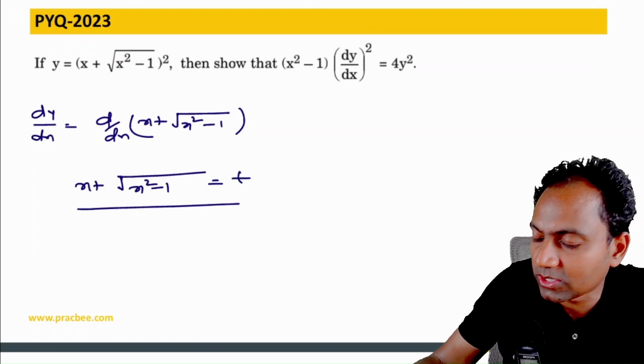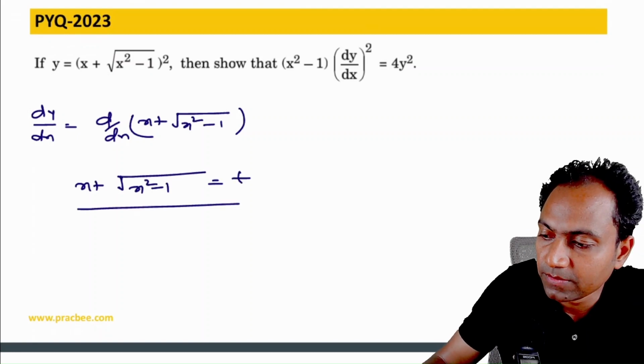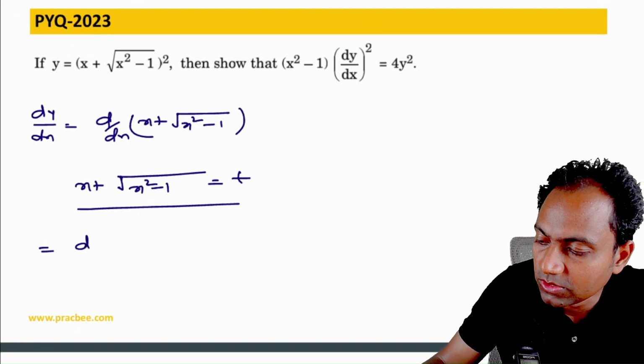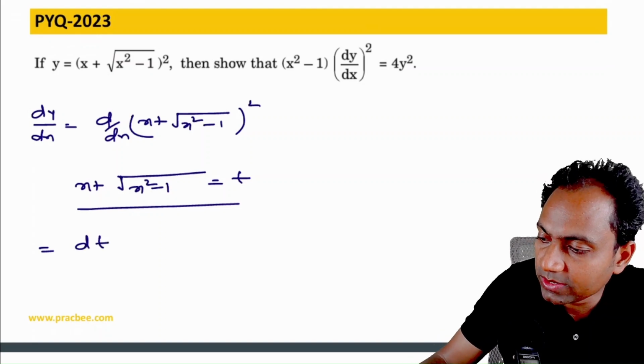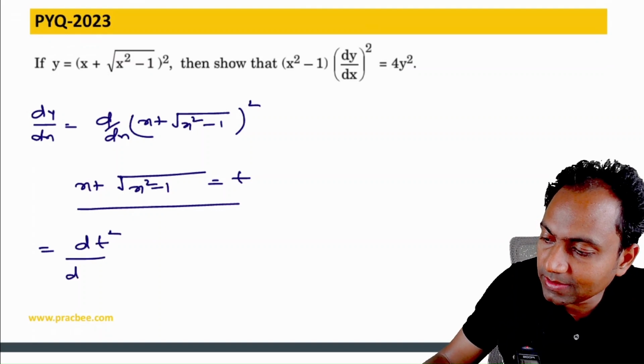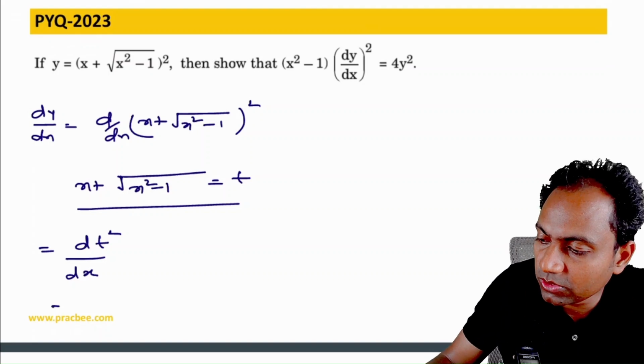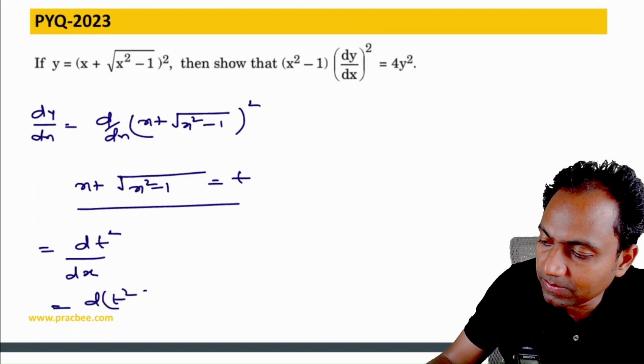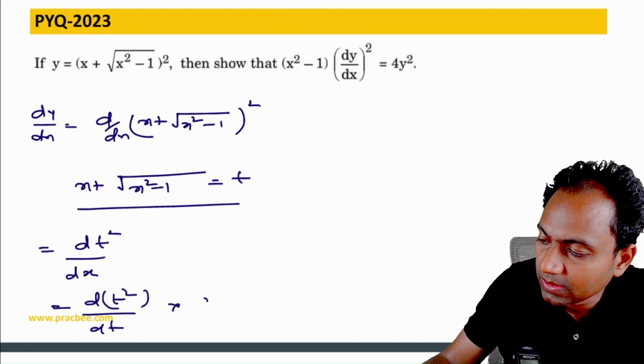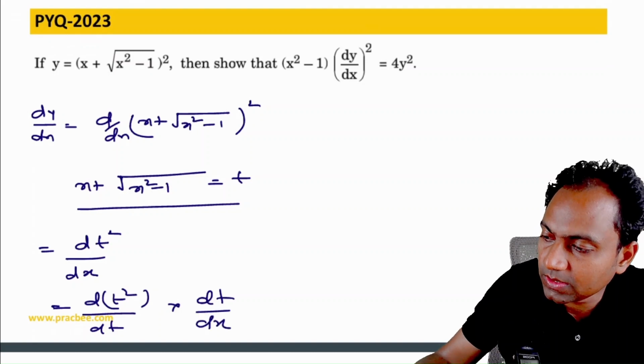Now I am writing the subjective way of representing the answer, because that is important at the level of boards. What we have to find is the value of d t square by dx. So, to simplify, we will multiply and divide by dt, into dt by dx. And this is what we need to find.